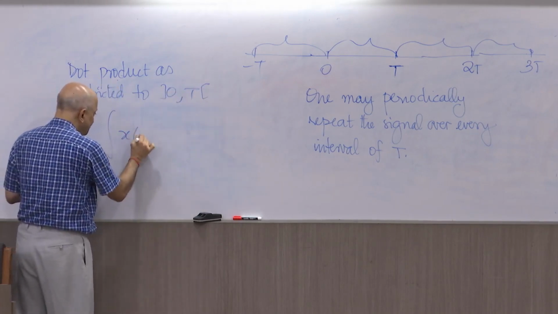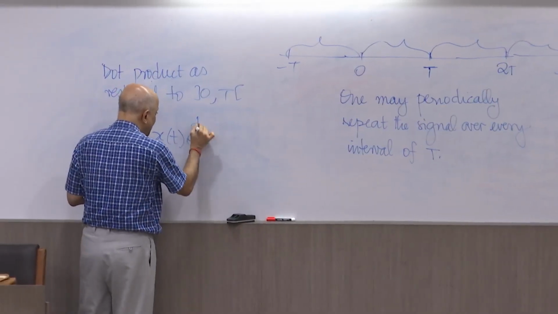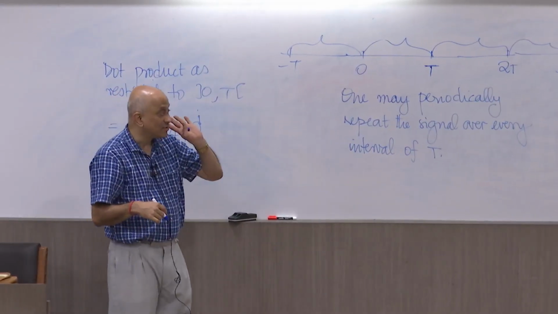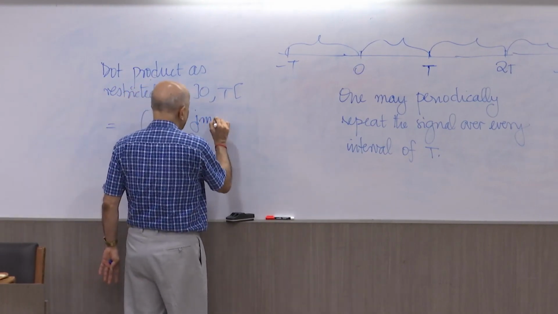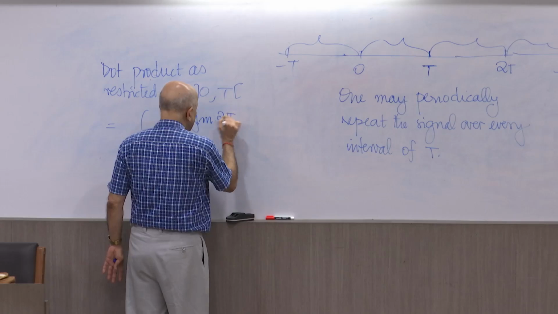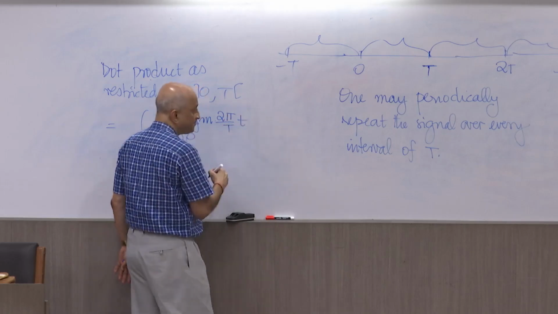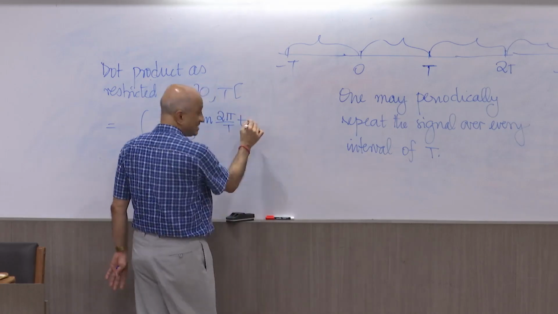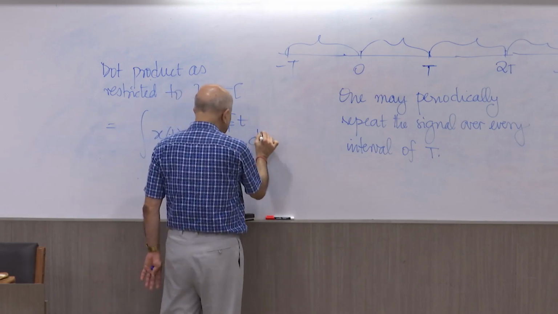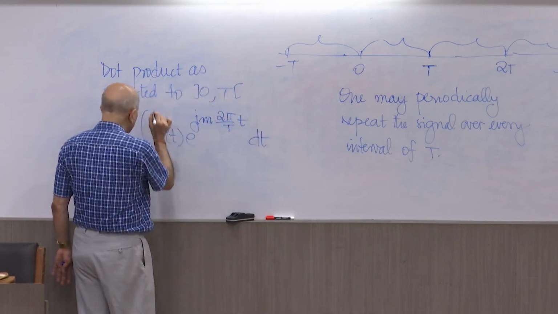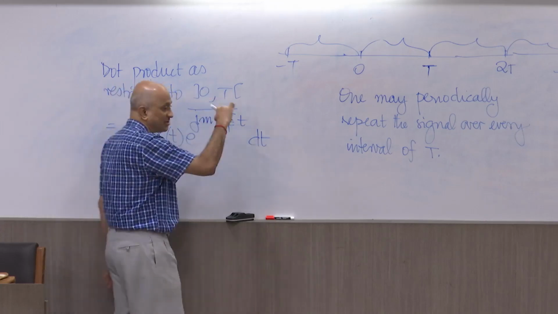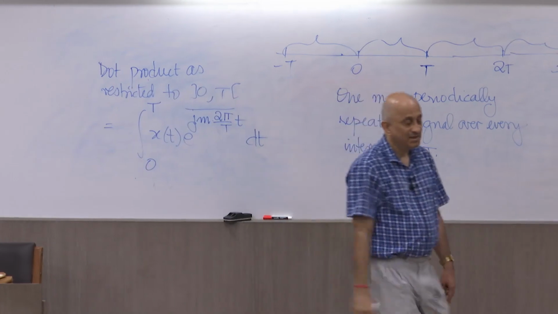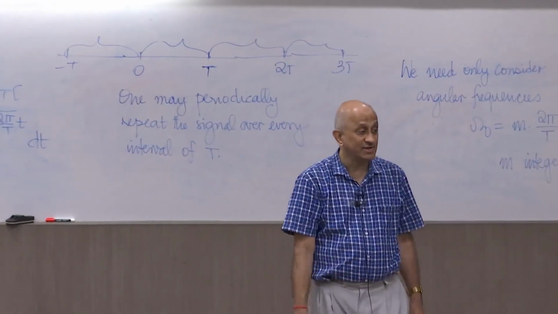the integral of x(t) e raised to the power j and only those frequencies. You're not considering all frequencies, right? So j m 2 pi by T times t, omega naught t, alright, dt, but integrated only from 0 to T. And we take the complex conjugate of this as before. You remember why we took the complex conjugate?